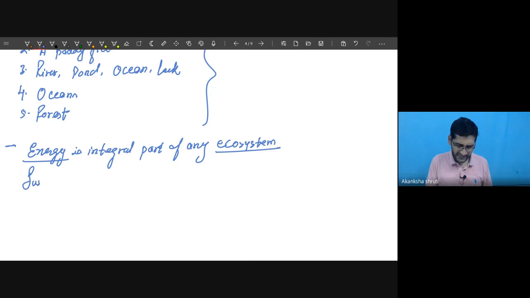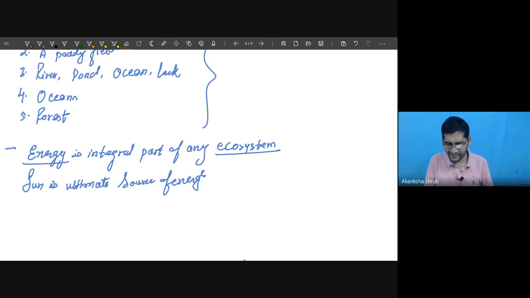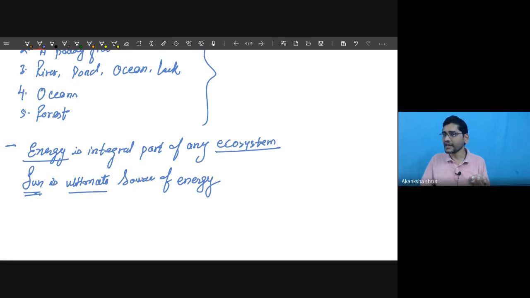So the sun is the ultimate source of energy, which is captured by the ecosystem, and then that energy gets circulated among themselves, which is captured.